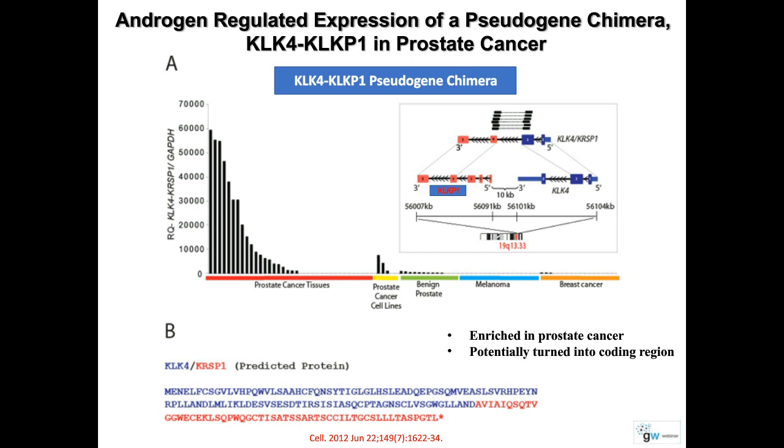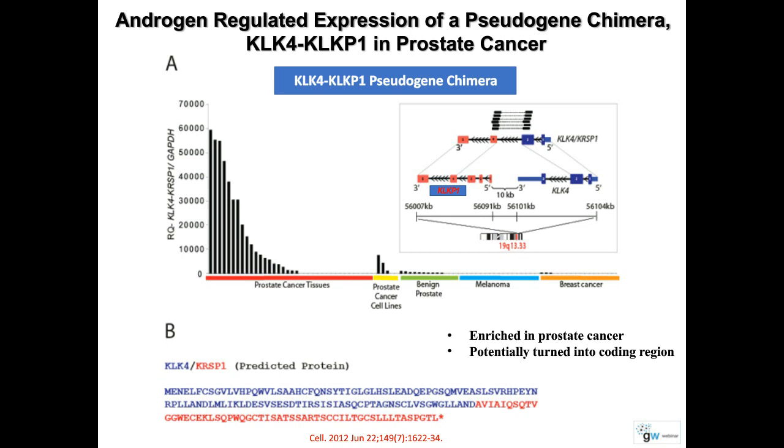Then we designed primers based on the fusion junction, and we screened several prostate and non-prostate samples. In figure A, the histogram shows expression of the fusion gene only in prostate cancer, but not in other solid cancers like melanoma or breast cancer, and it is not expressed in benign tissue either.